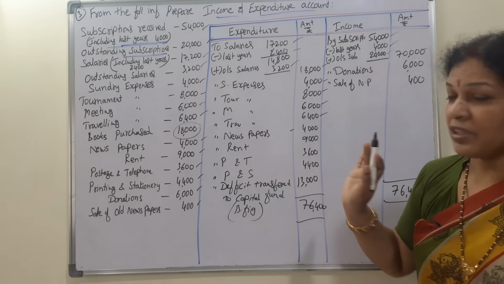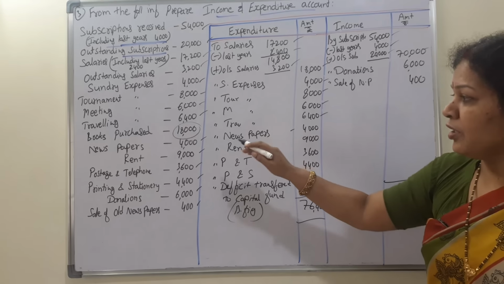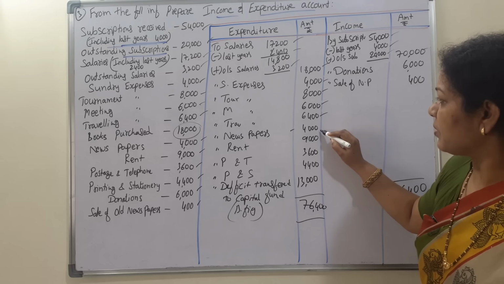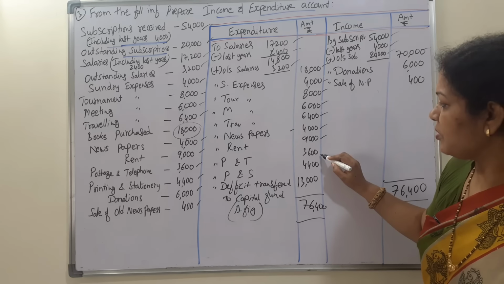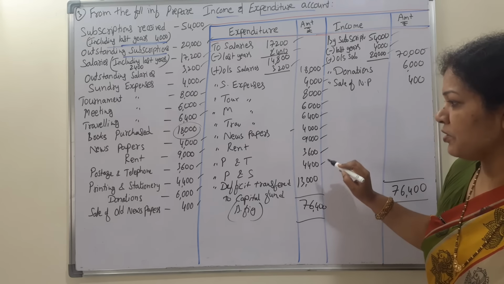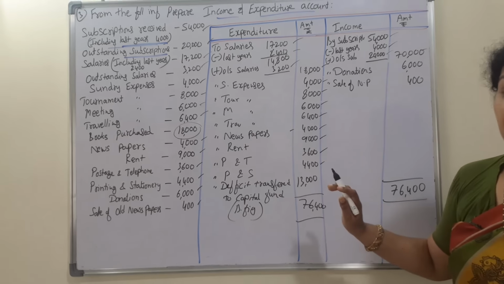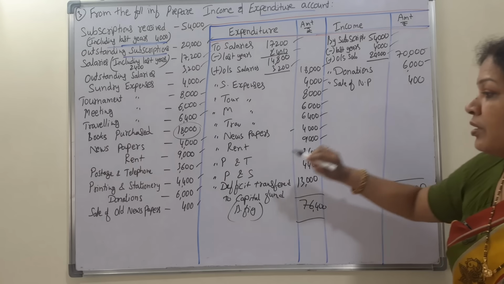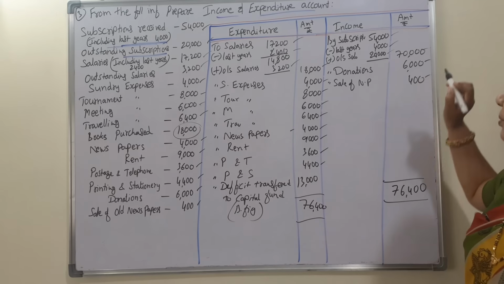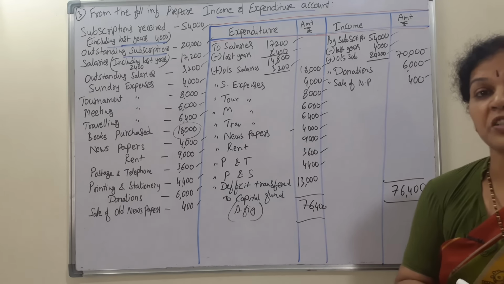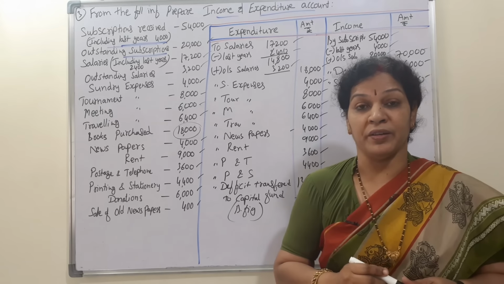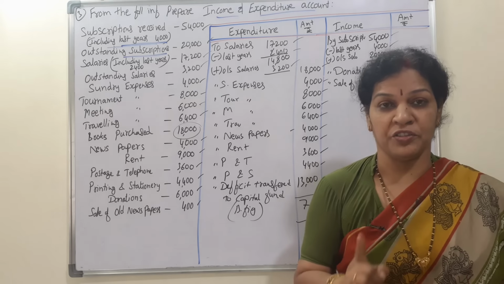Books purchased is an asset, a balance sheet asset. Newspaper purchased, rent paid, postage and telephone, printing and stationery. Donations is an income. Next, sale of newspaper is an income. Posted everything, we got a deficit. So this is to be transferred to the capital fund, which you'll find in the balance sheet.